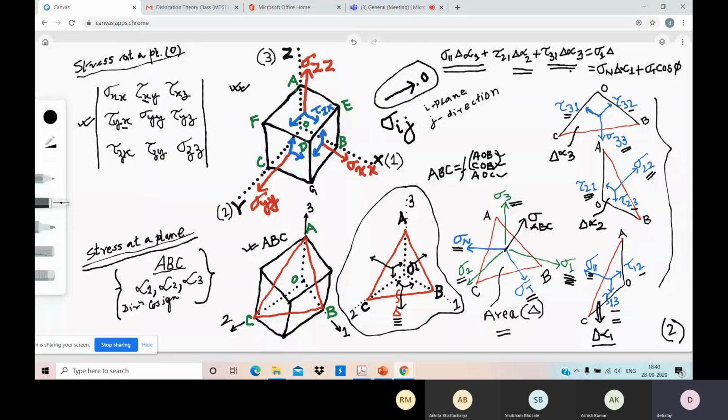So these three will be counterbalanced by the net stress acting on the ABC plane along direction 1, which is sigma 1 delta. Sigma 1 delta is the net stress acting on the ABC plane along direction 1. So the stresses acting on the 3 facial planes will actually contribute to the resultant stress acting on the inclined slanted plane, as I said.